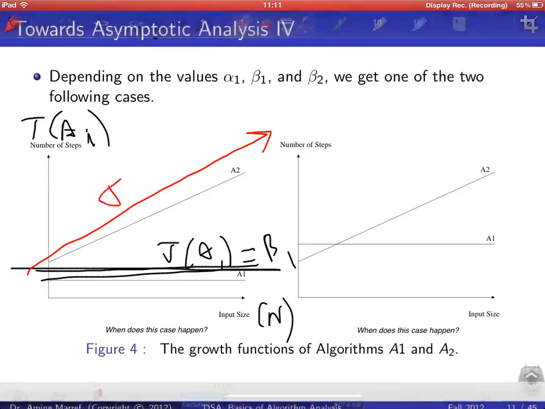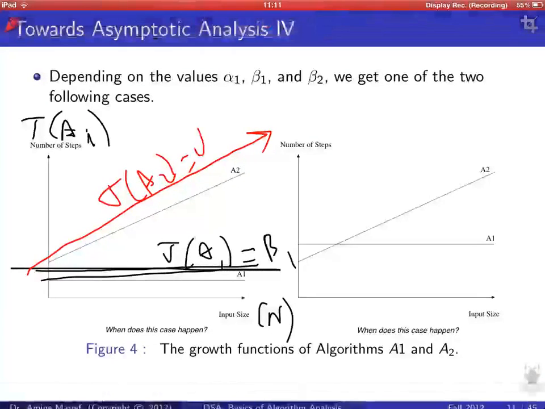Let's say it makes 26 increment operations, and A2 does something for i in 1 to n. What it does is x plus plus. Okay, so this algorithm makes 26 increment operations.